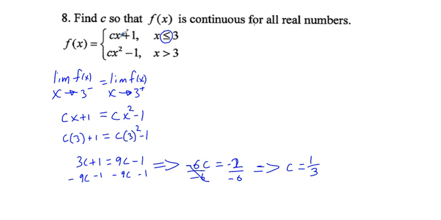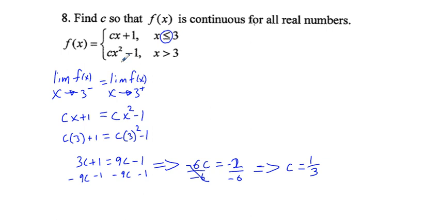And then we could plug back in if we need to, right? So we should get the left side here. Well, what is that value going to be if we plug in 1/3 for c? Let's see, we have 1/3 times 3, which is 1, plus 1.